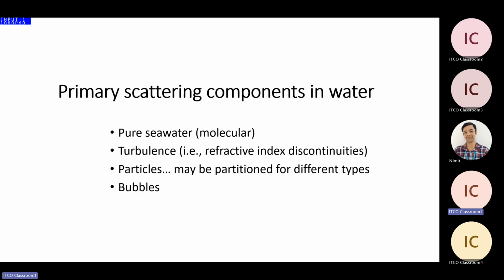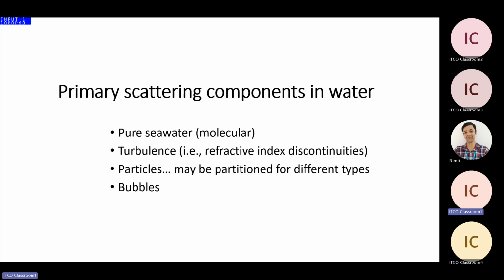So the primary scattering components, and it's exactly what Zhongping has, so we're completely copacetic on this: pure water, turbulence. Turbulence is really refractive index discontinuities in the water. So you have obviously temperature and salinity, and that primarily is what determines the refractive index of the water, and you have micro gradients in TS.